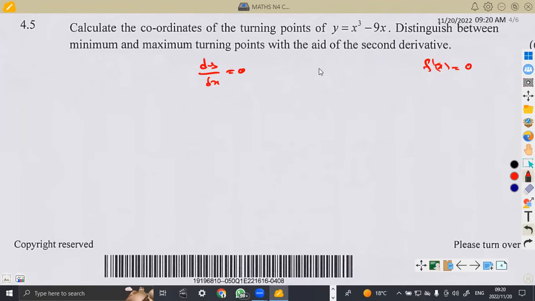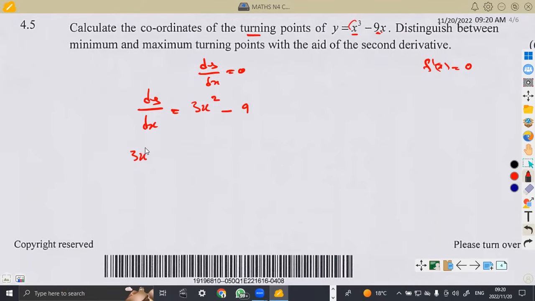So we have y equal to x cubed minus 9x. Let us find dy/dx first. If we drop this exponent, it's going to be 3x, we subtract 1, that's 3x squared, and minus 9x is going to give us a negative 9. But this is supposed to be equal to 0 at the turning point.